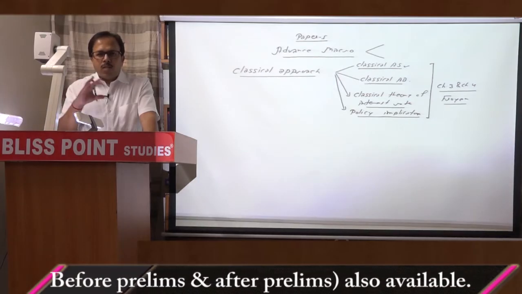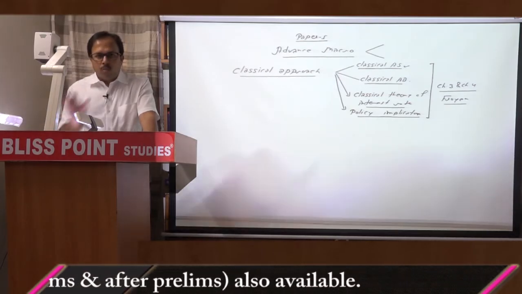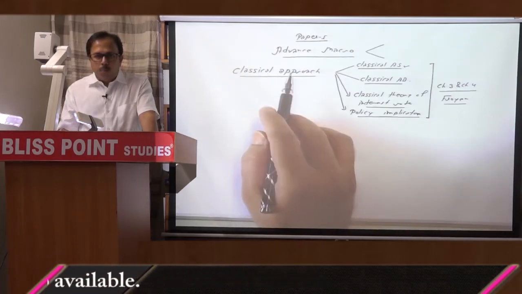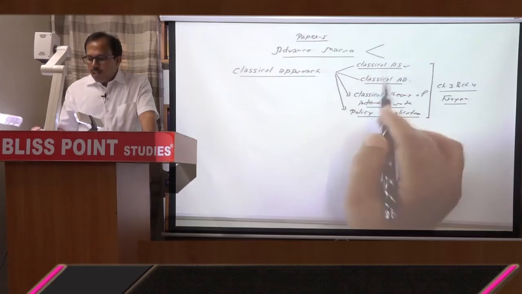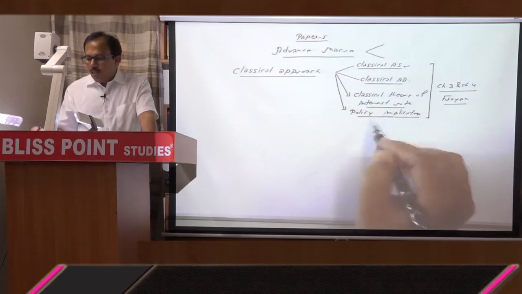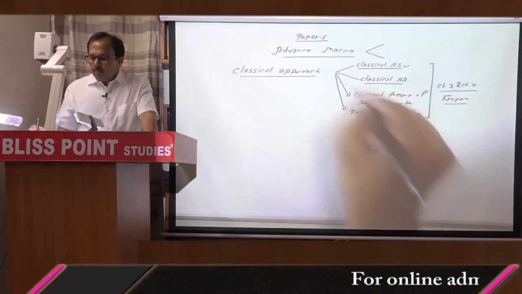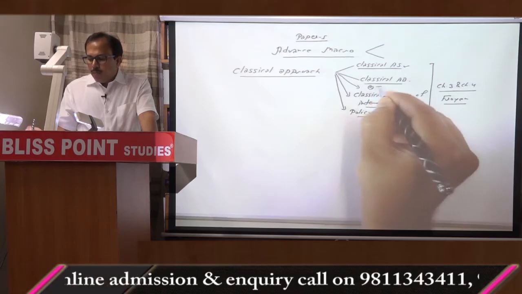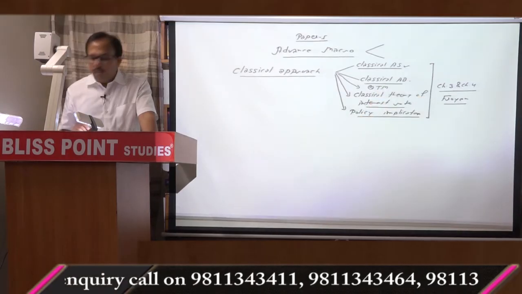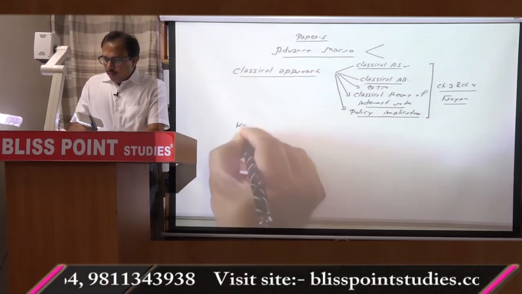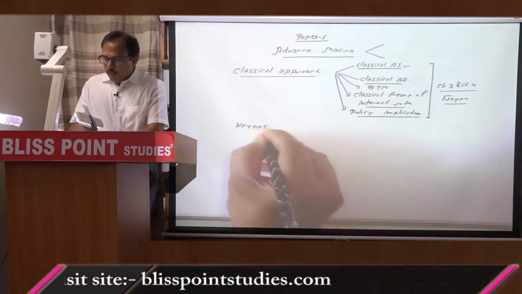It is not an exhaustive detailed syllabus, but the main things that will be explained in the classical approach will be classical AS, classical AD, classical theory of rate of interest, policy implication. Within that we can also include the classical quantity theory of money. Clear? After that we will move to the Keynesian approach.